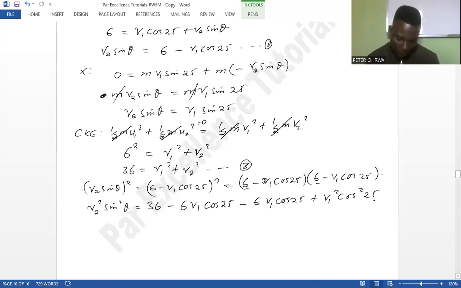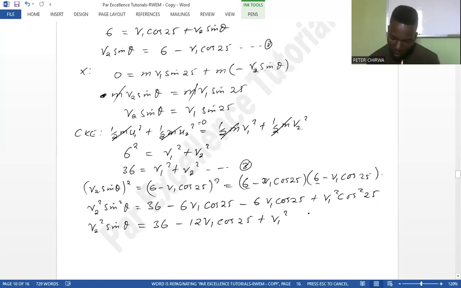All right, so what I'm going to have is v2 squared sine squared theta equal to 36 minus 12 v1 cos 25 plus v1 squared cos squared 25. I'll take that to be my equation 4.